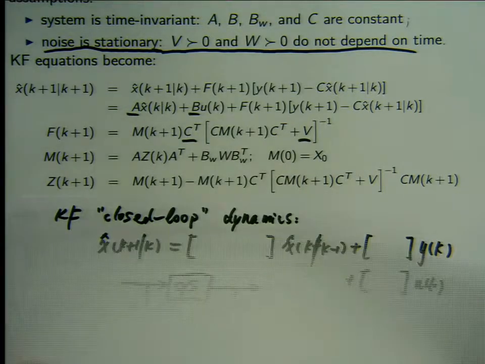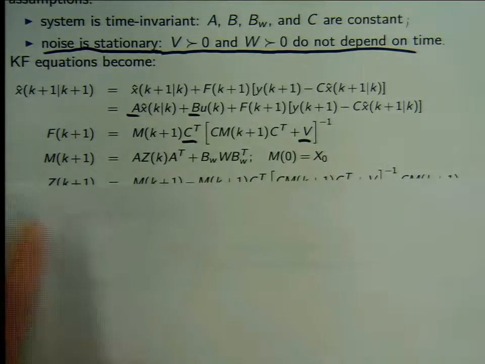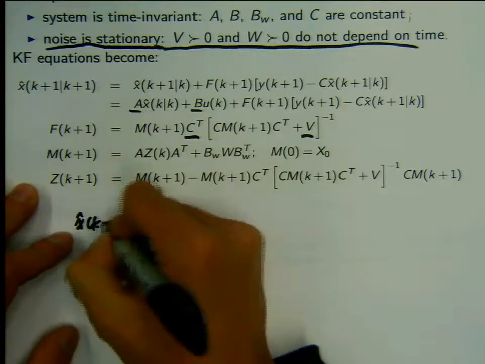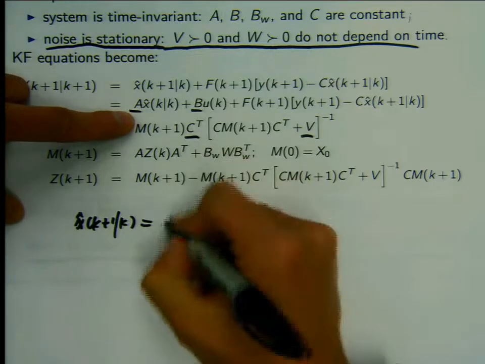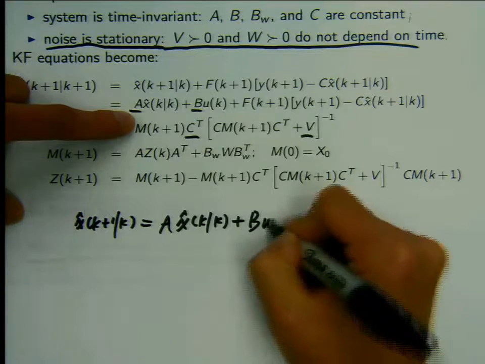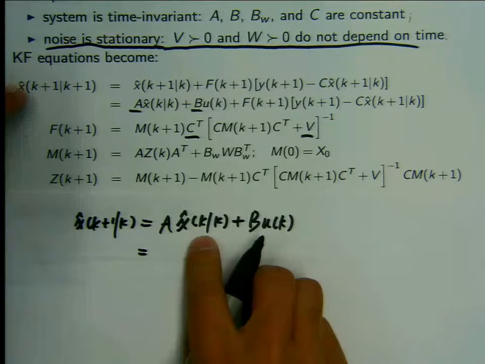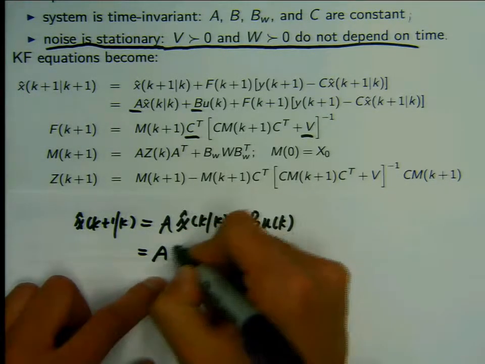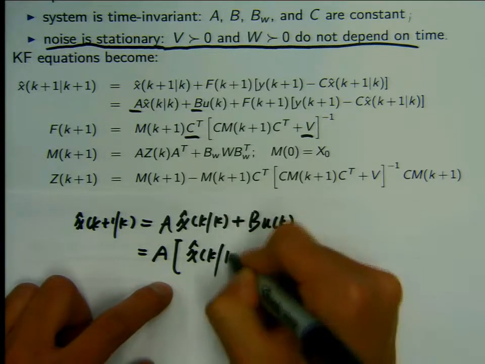So in detail, the mathematics looks like this. I have x hat k plus 1 given k equal to, I'm going to use this statement here, A x hat k given k plus B u k. And then I'm going to substitute this Kalman filter state dynamics over here to get A x hat k given k minus 1.